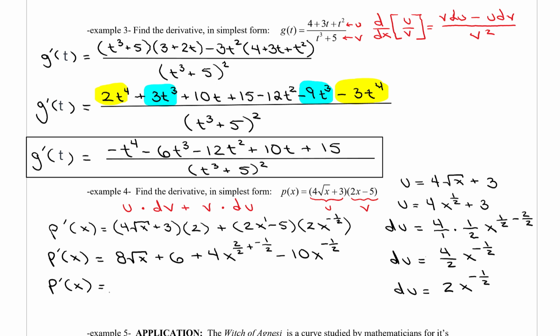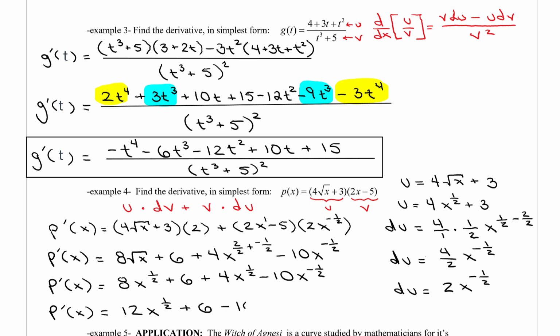P prime of x will be equal to, if we simplify this a little further, we're going to get 8 radical x, or 8x raised to the 1/2 power, plus 6, plus 4x raised to the 1/2 power minus 10x raised to the negative 1/2 power.